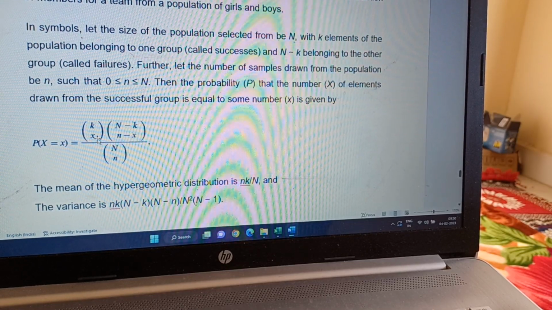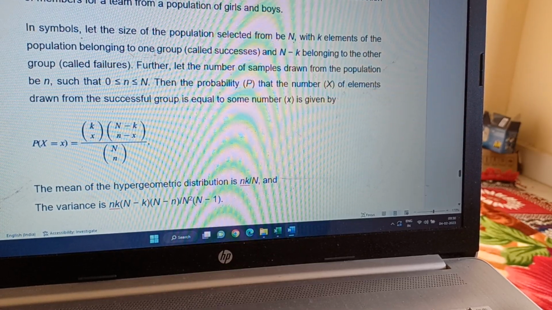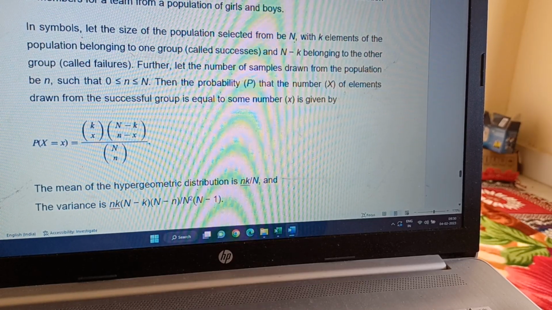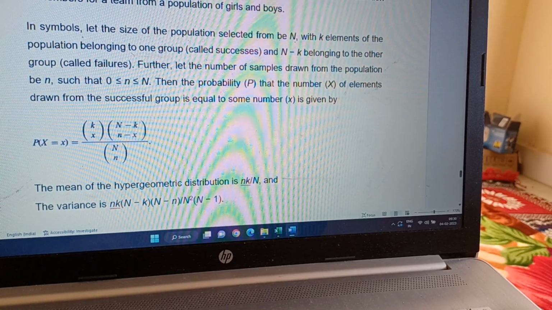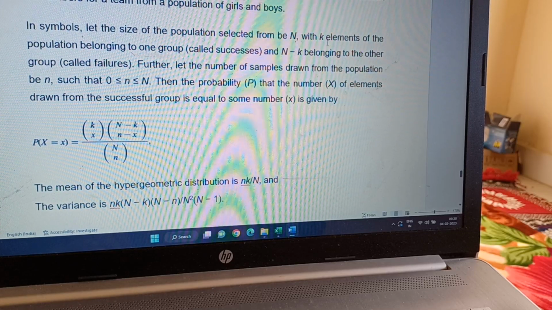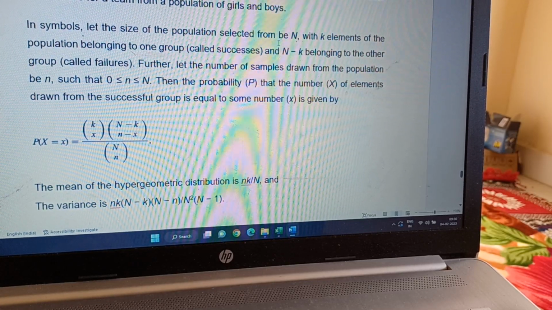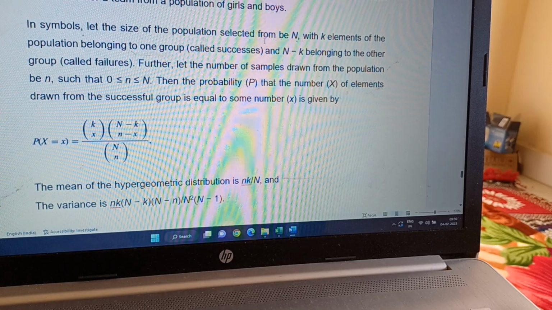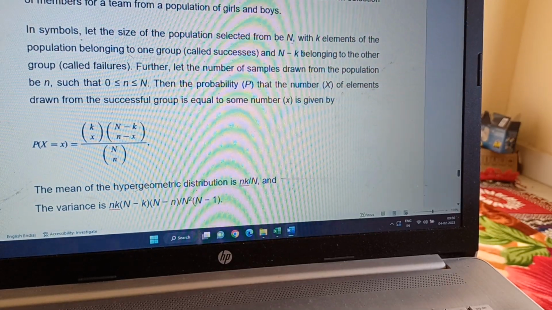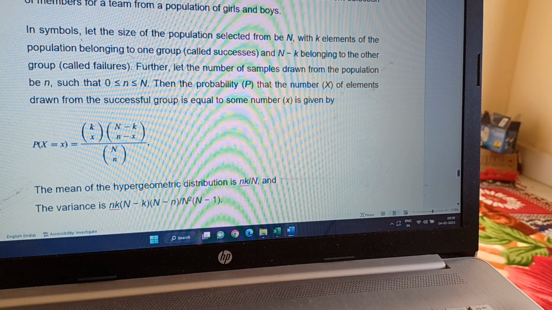Let me read it. The size of the population will be N, the total population of both girls and boys. K elements of the population belong to one group, say K belongs to boys, and then obviously N minus K will belong to the other group, girls.